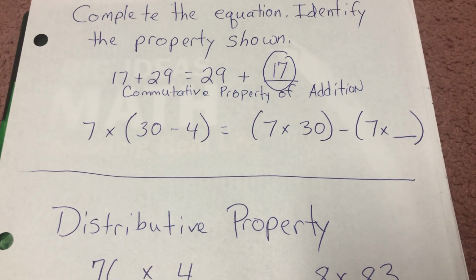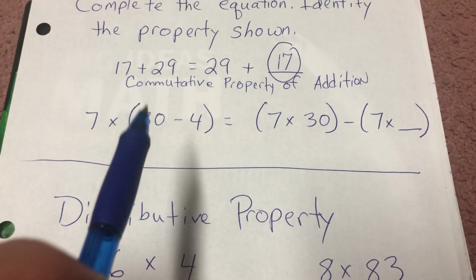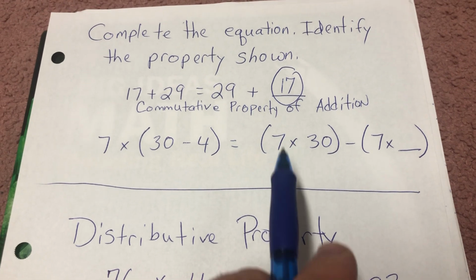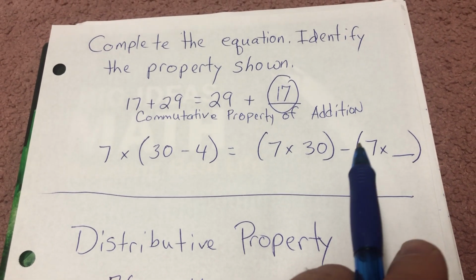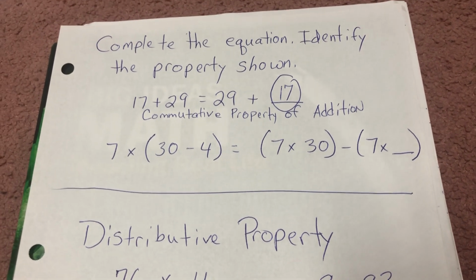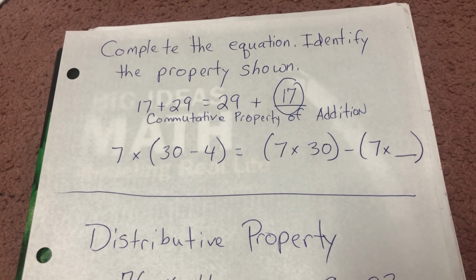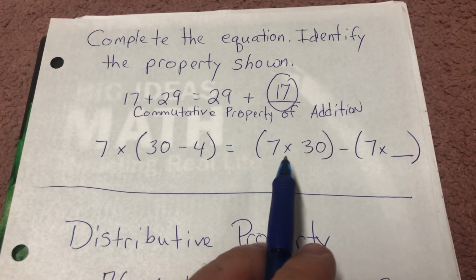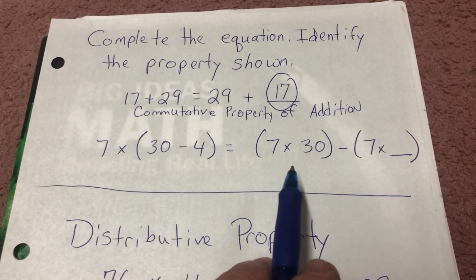So here I have something that looks a little different. I have 7 times 30 minus 4 in parentheses, and we're saying, well, that equals 7 times 30 in parentheses minus 7 times something else in parentheses. Well, if I look at this, I should be able to kind of figure this out. I see that 7 times 30, I'm going to do that.